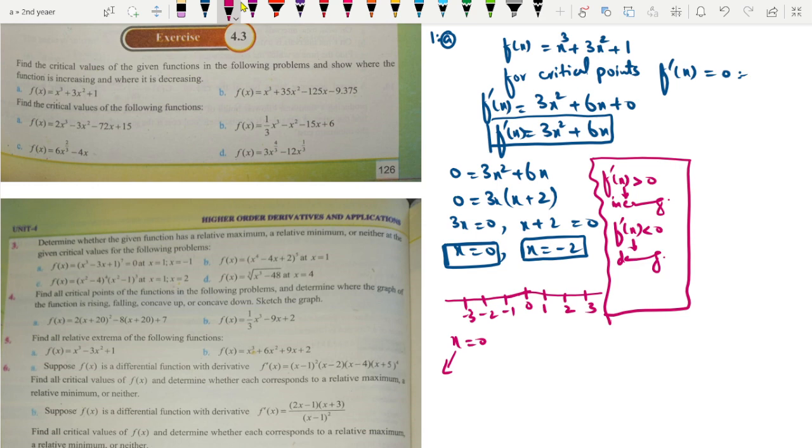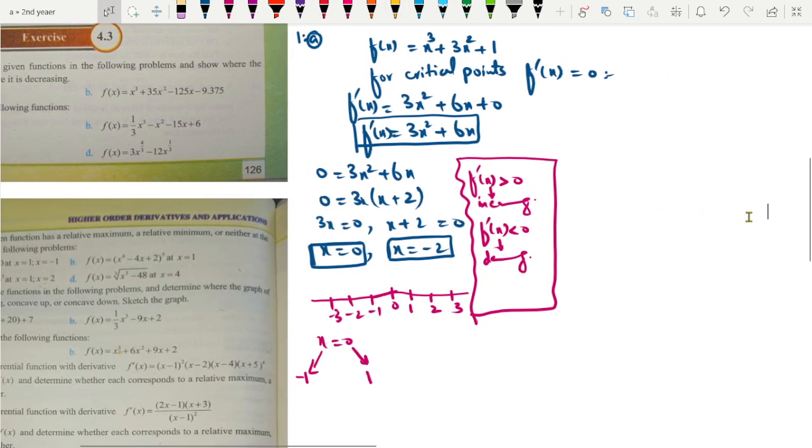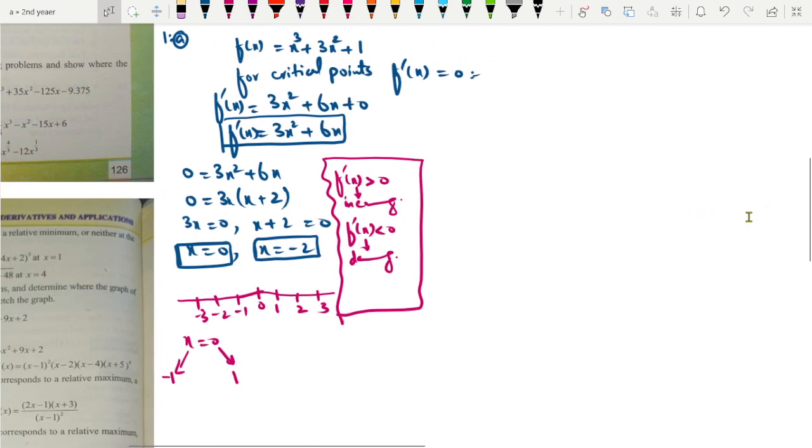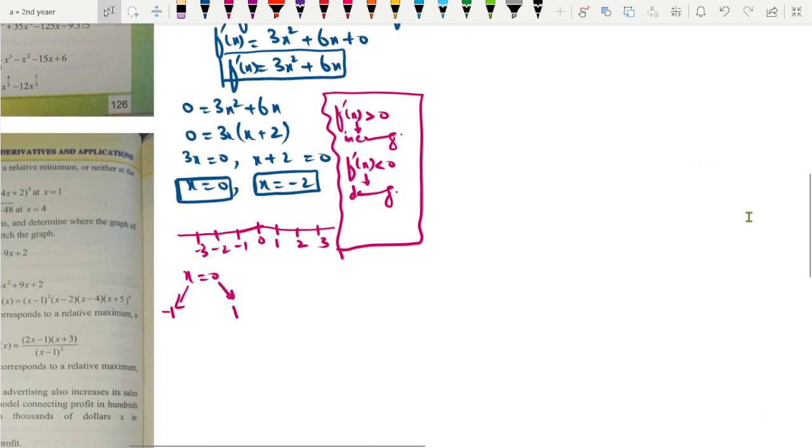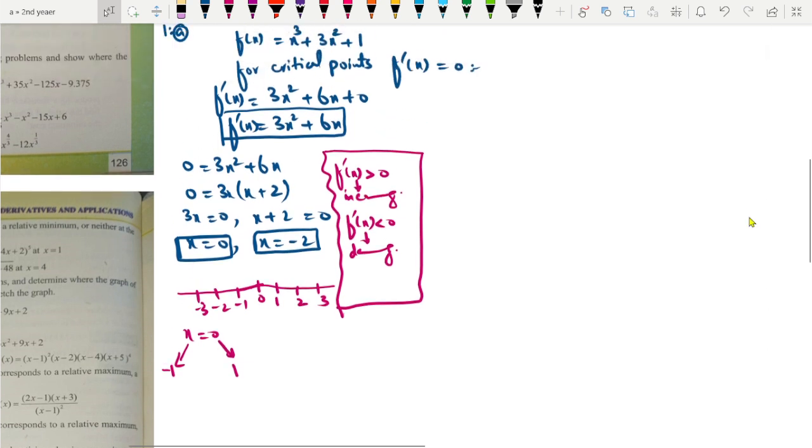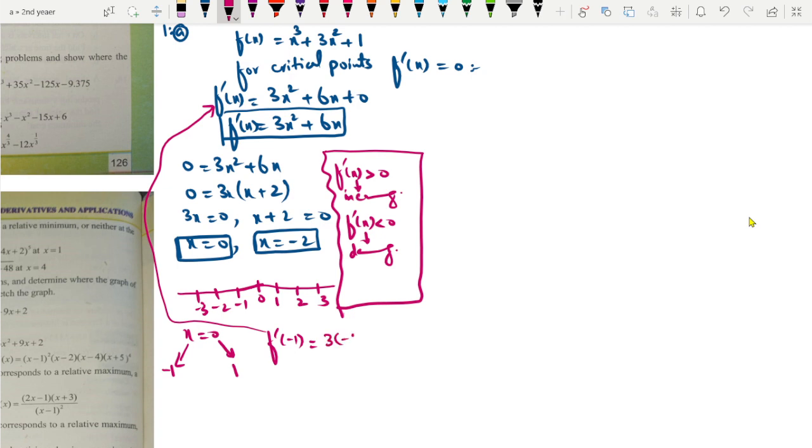Now first we take the point x is equal to 0, and we will see that at the left hand side of 0 there is minus 1 and at the right hand side of 0 there is 1. We put these values in f prime of x and check whether the function is increasing or decreasing. So f prime of minus 1 is 3 into minus 1 square plus 6 into minus 1.